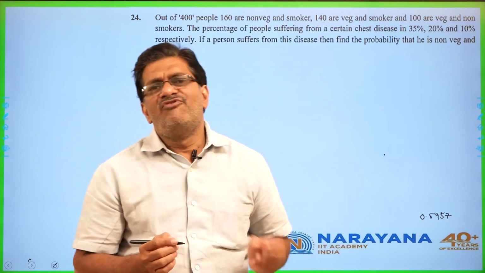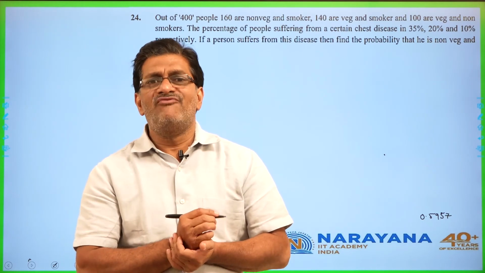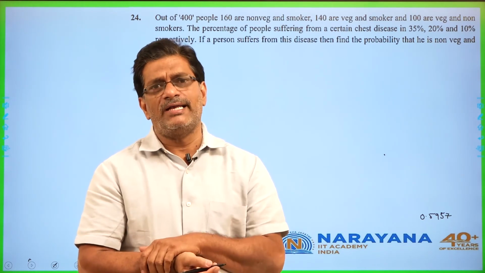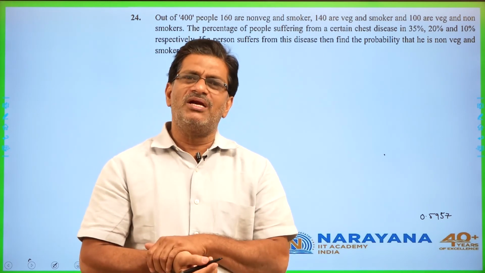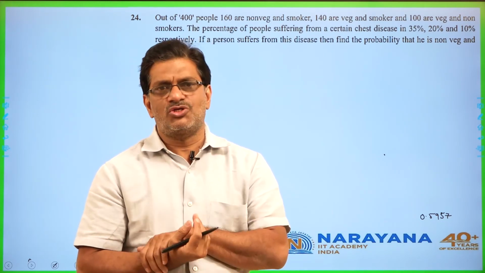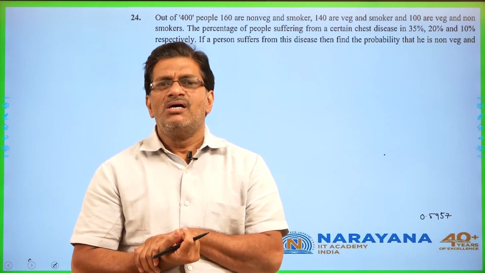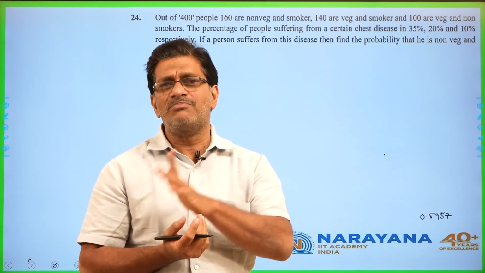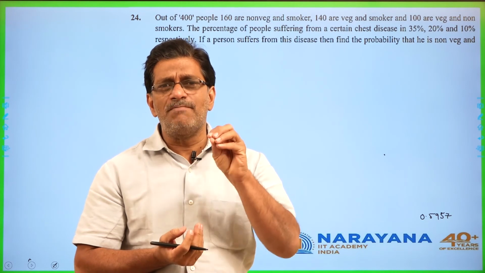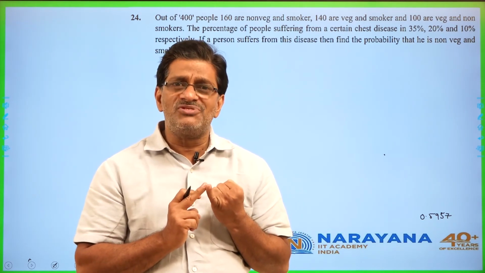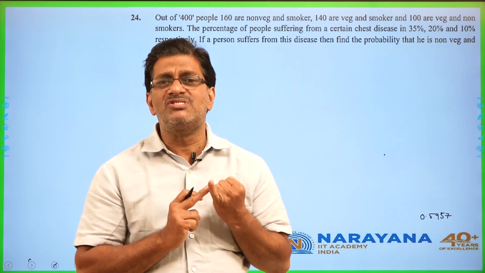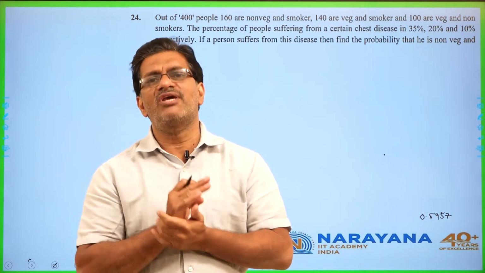If you read the question and transform the data mathematically, it is a problem related to Bayes' theorem. Whenever Bayes' theorem related problems are there, you can solve normally, or if you are already exposed to the tree diagram concept, the tree diagram is the simplest form wherein conditional probability problems, total probability problems and Bayes' theorem we can easily complete.